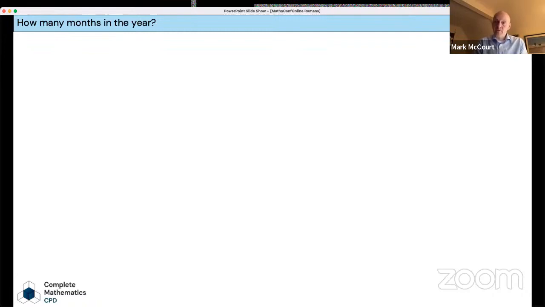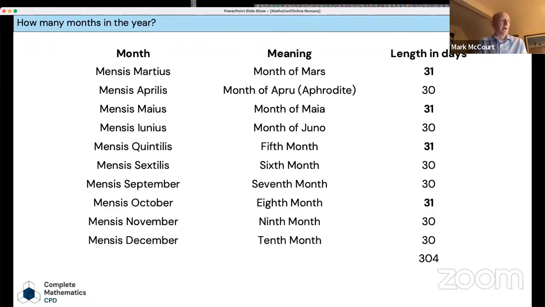And we might have that conversation with them, which will allow us to reveal that in the Roman year, certainly the legendary Roman year, this obviously changed over time as people learn more and more about how the year evolves, but the legendary Roman year has 10 months and just 10 months.